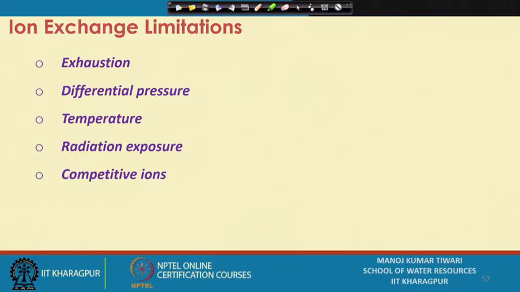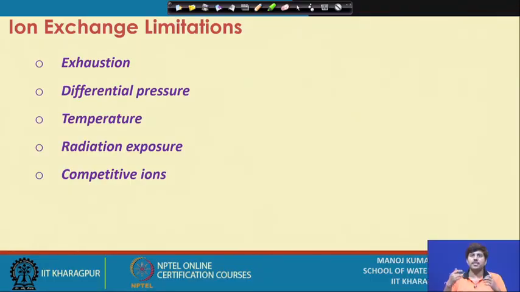If non-target ions with higher affinity are present, that becomes a problem. They compete with the target ion, and then removal of the target contaminants will decrease.